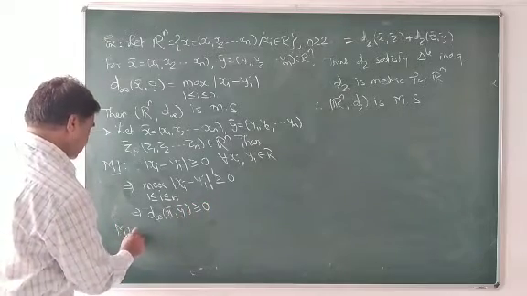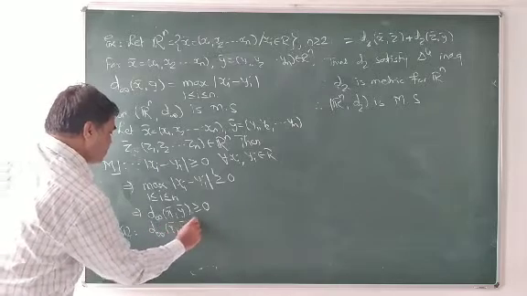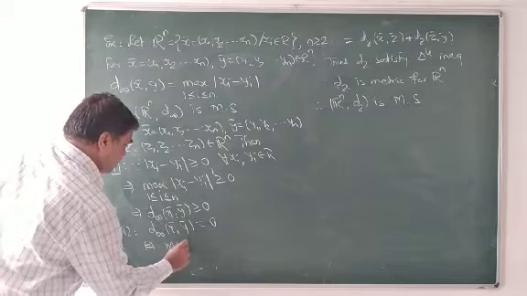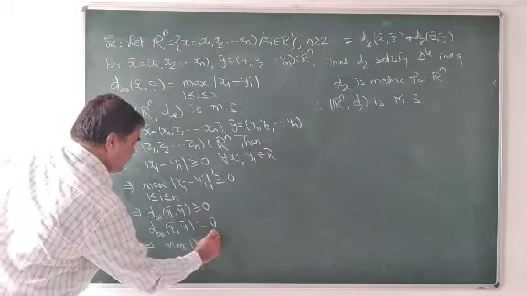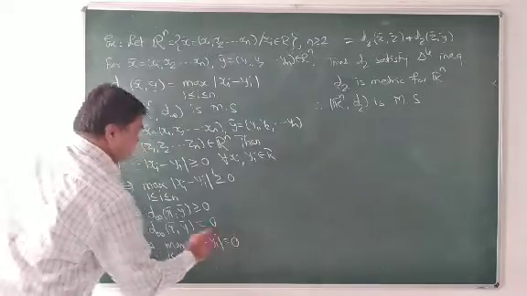M2: d infinity of x bar y bar is 0 if and only if maximum of mod of xi minus yi, 1 less than or equal to i less than or equal to n, is 0.